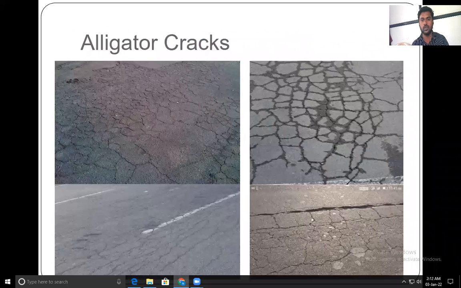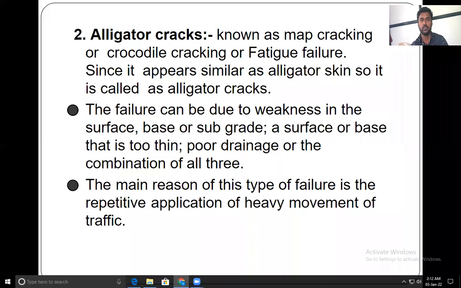You can see in the figure. It looks like this, the skin of the crocodile. So it is also called crocodile cracks, and it also looks like a map, so it is called map cracks.